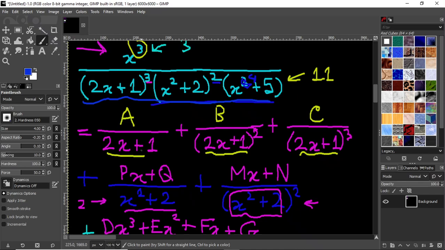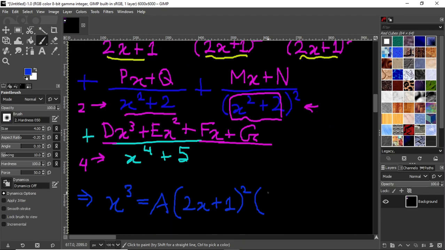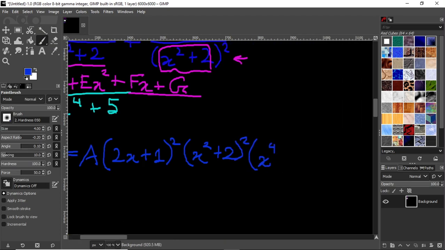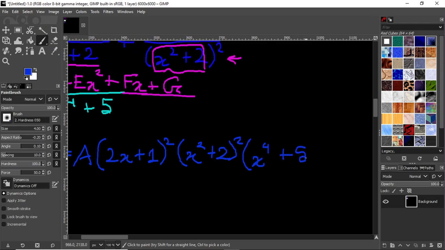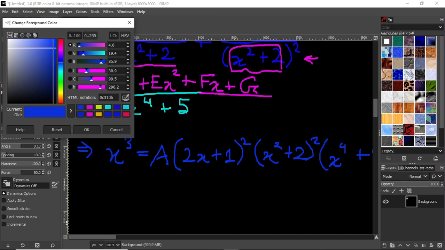One of the 2x plus 1 would cancel out with one of the parts, so you'd have A times 2x plus 1 squared, x squared plus 2 squared, x to the 4 plus 5, and you'd have the same process for all the other fractions.